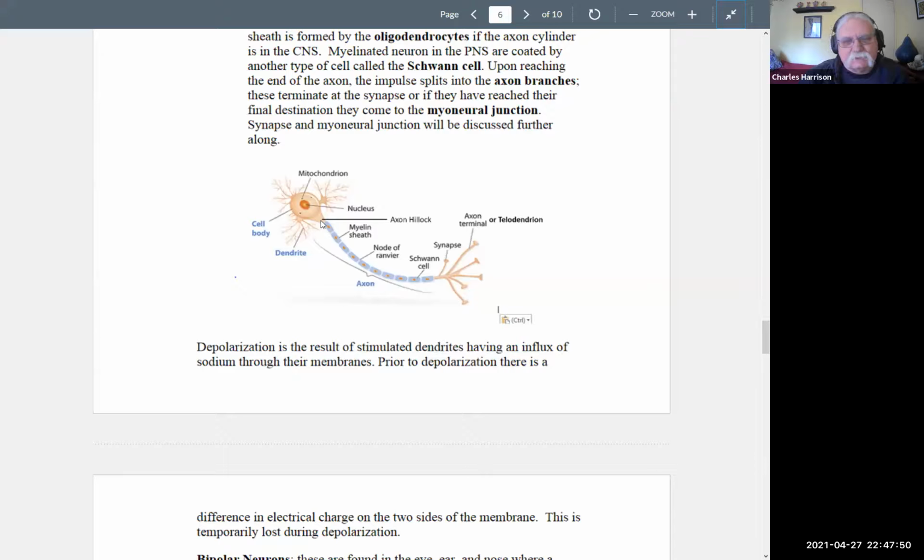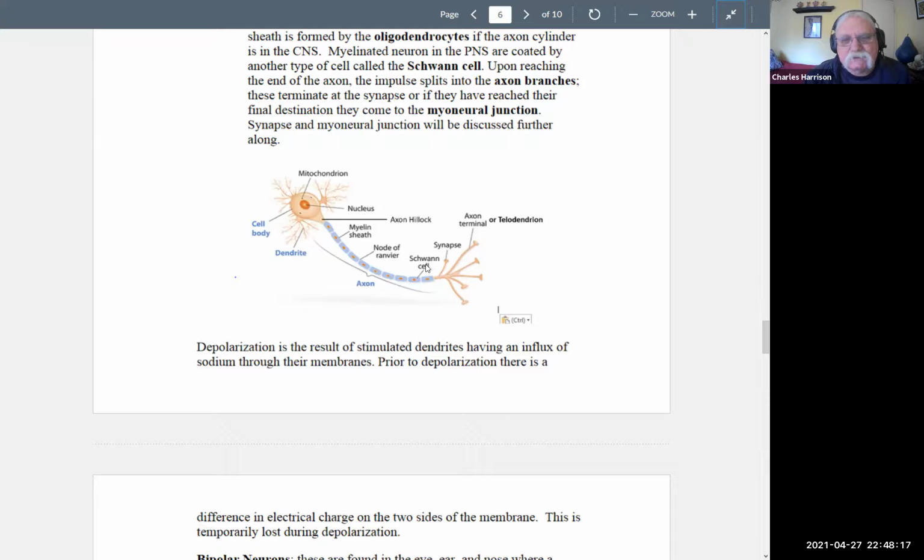When you get enough, you've got an impulse that'll move along the axon cylinder and move faster if, in this case, it has a myelin sheath. The nodes of Ranvier are just the slight spaces between the portions of the sheath.